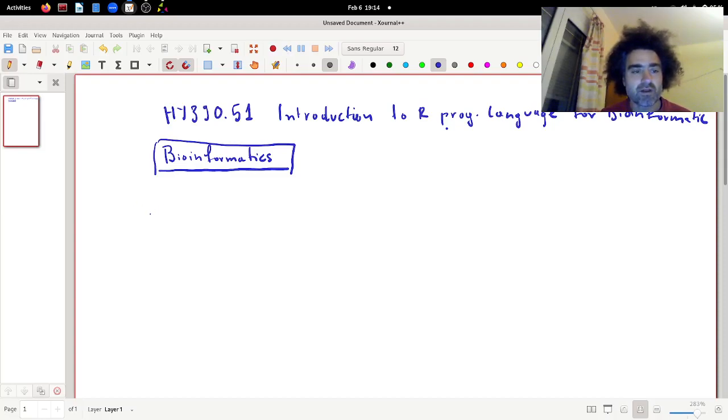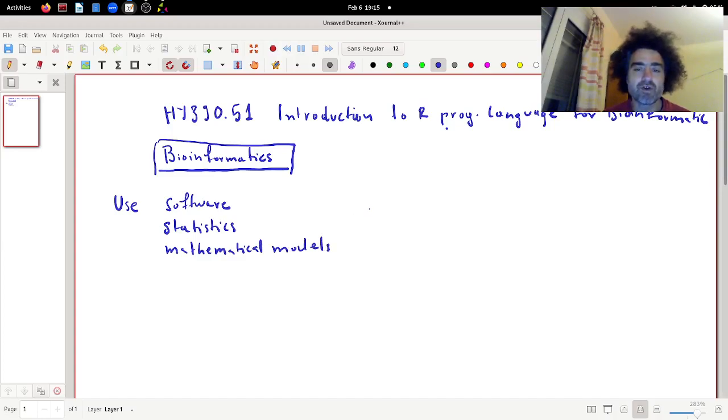Definitely there are several definitions for the word bioinformatics, but in principle what we do every day is to use computer science tools, so software, and statistics and mathematical models to analyze biological data.